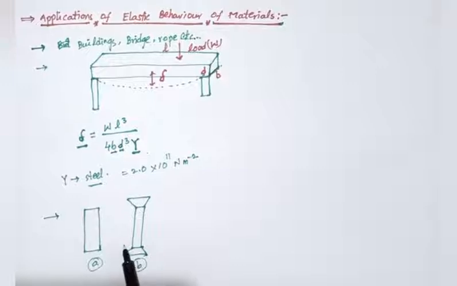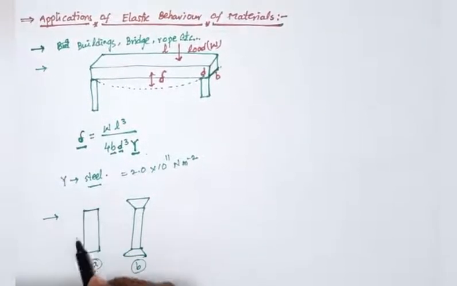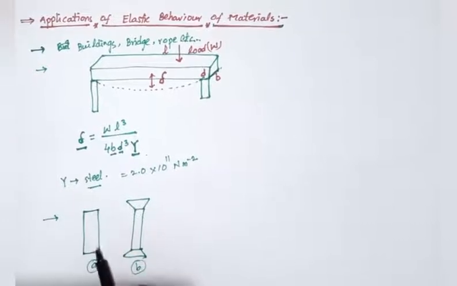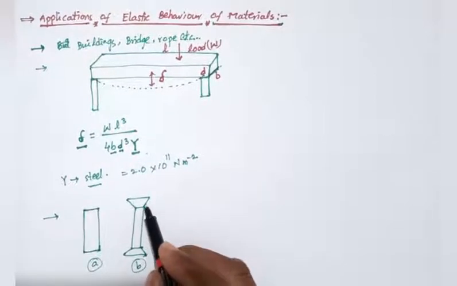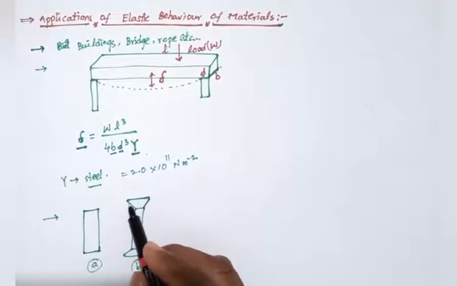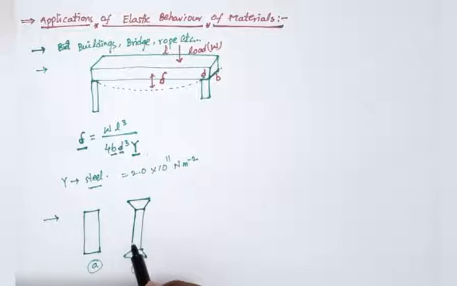A pillar with rounded end supports less load than one with a distributed shape at the ends. When it has a distributed shape, it can bear more load.